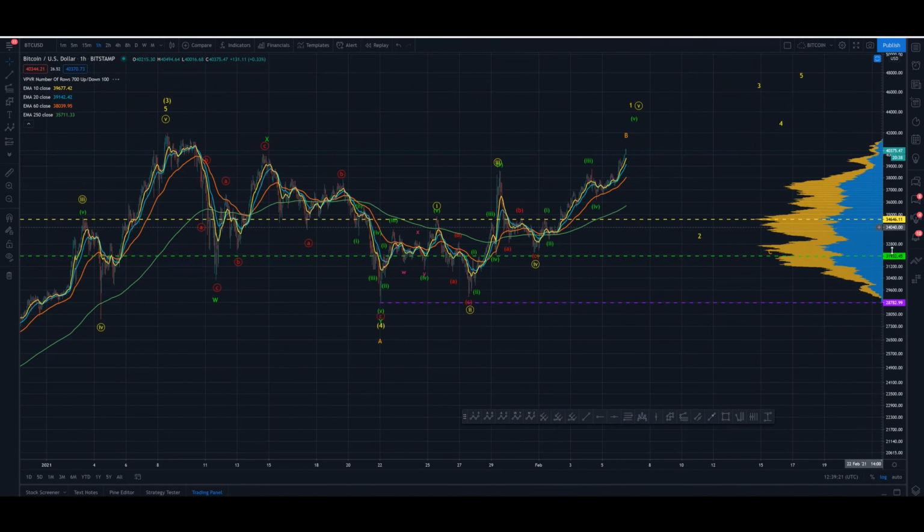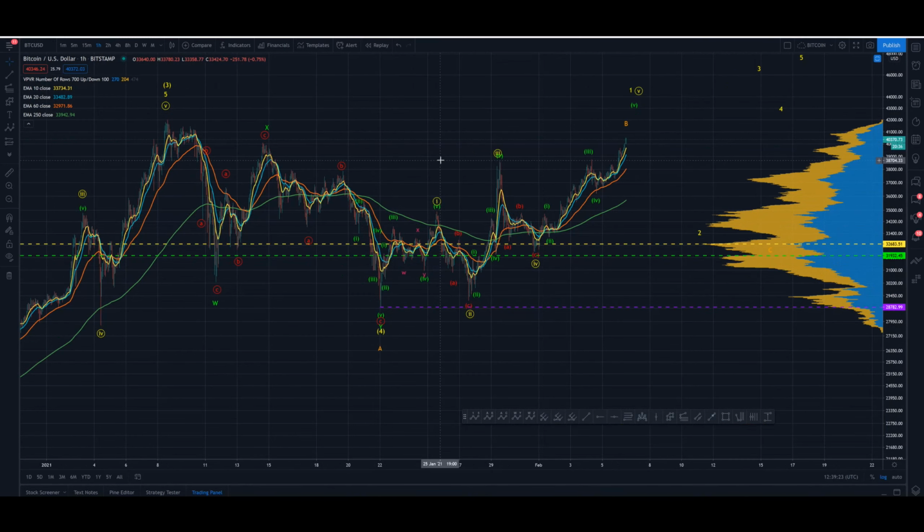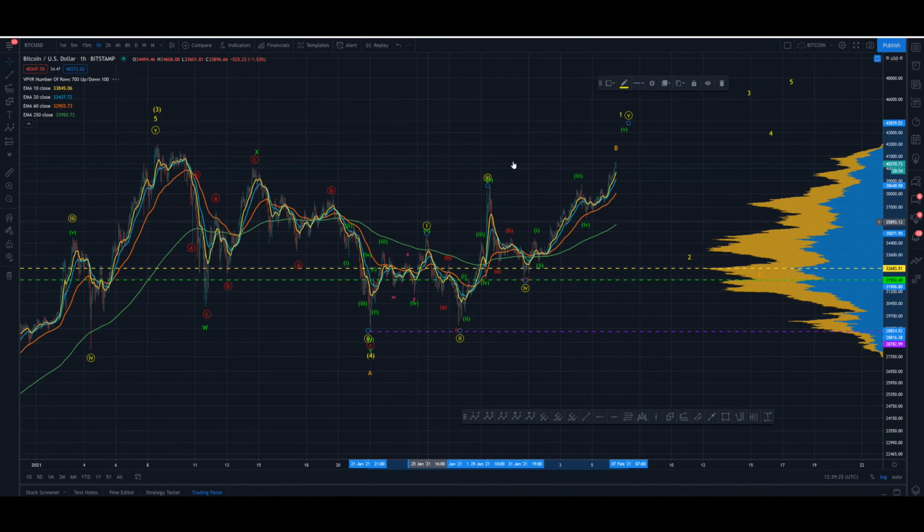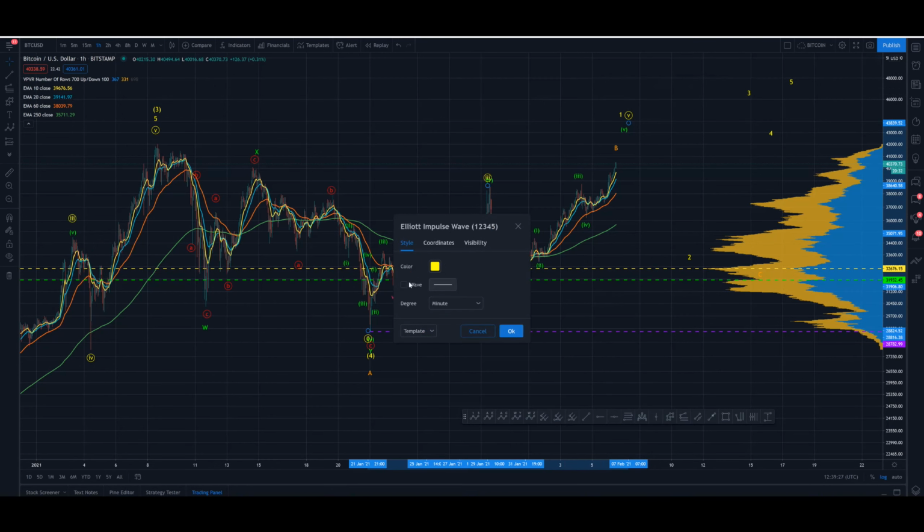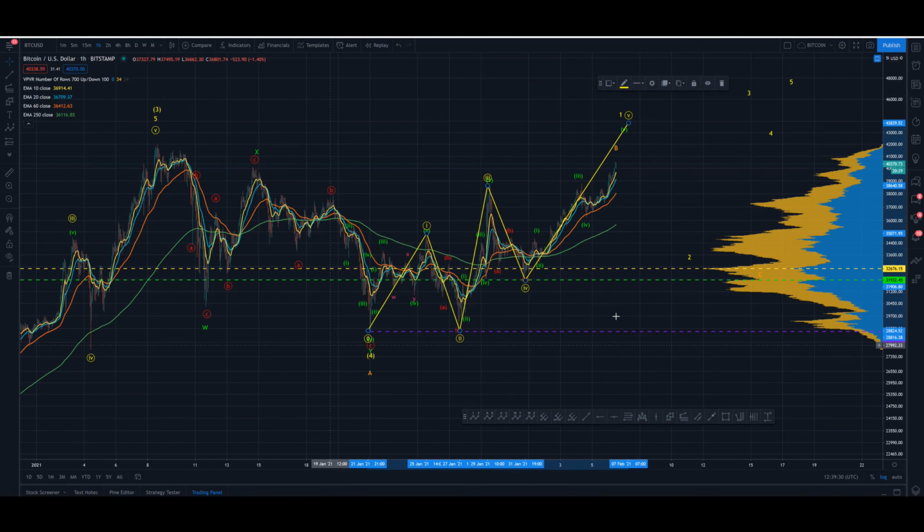So what I think we're looking at here is either a leading diagonal, and I'll show you how that looks, and it looks ugly, I warn you. It looks like that.